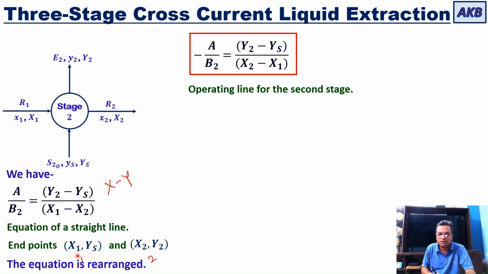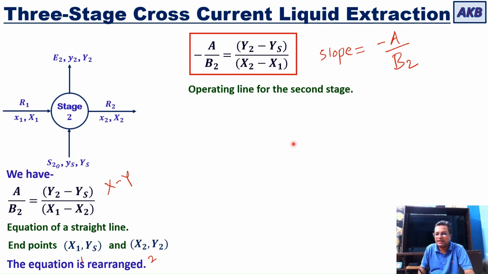One endpoint is X1 capital Y1, whereas the other endpoint is X2 capital Y2, and the slope of the operating line for stage 2 is minus A upon B2.